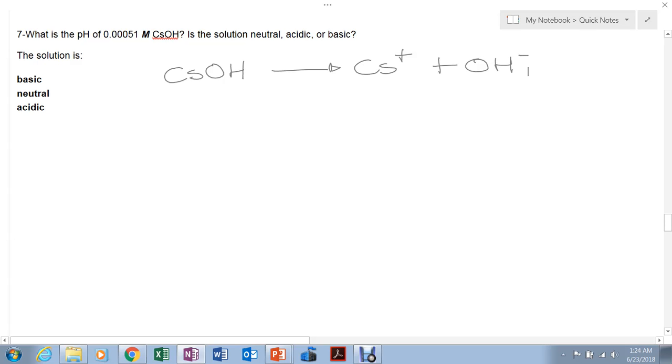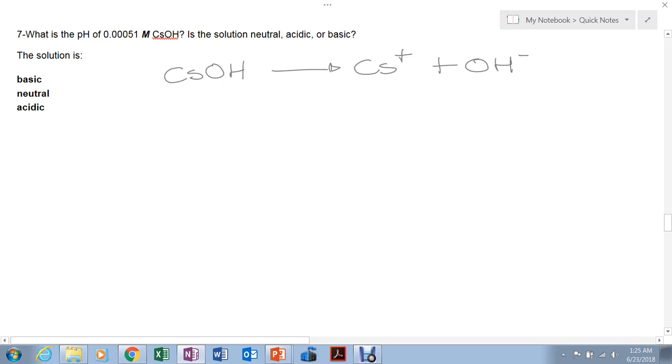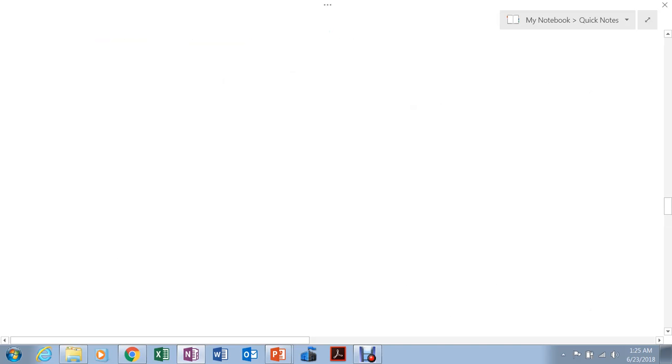This is very similar to number 3, identical. You can do this by yourself because the only difference is the numbers, and this would be 0.00051, 0.51. It's still basic. If the pH that you're finding is more than 7, you know it's basic. And if it's less, it's acid.